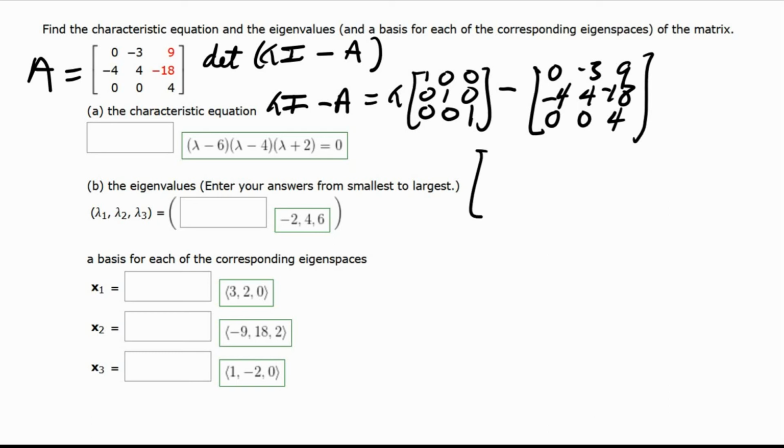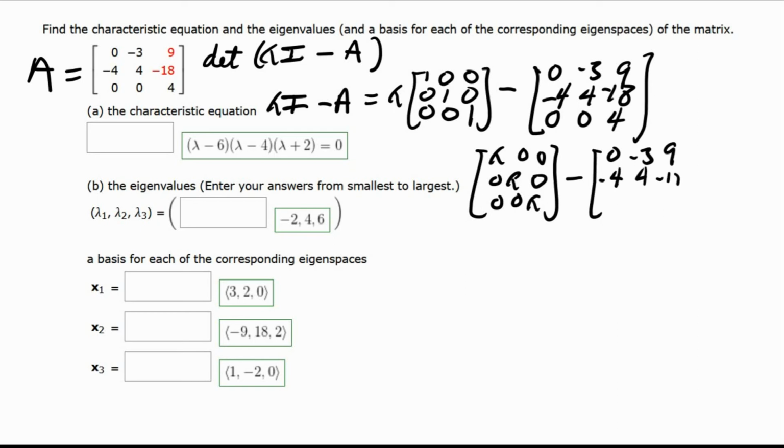And so this becomes just the lambdas along the main diagonal minus that matrix.